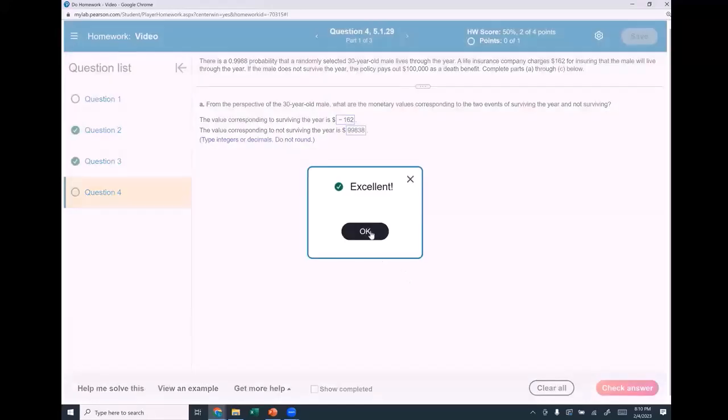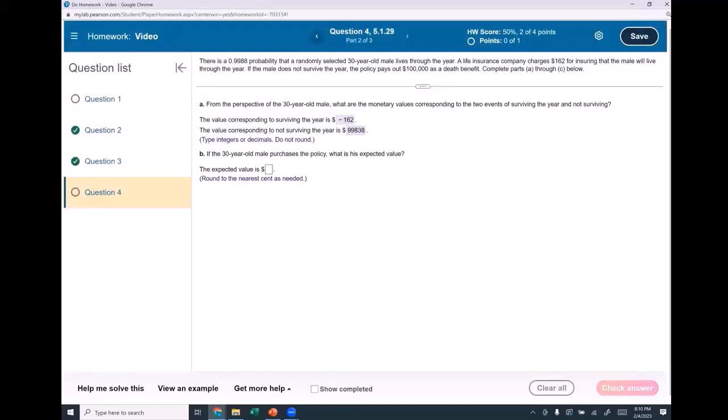Perfect. This number right here, just so I can put on the screen, is $100,000, that's the payout, minus the $162 that was paid for the policy.